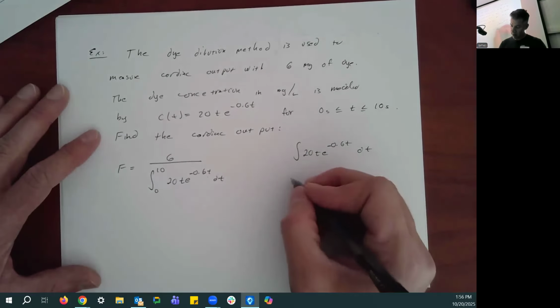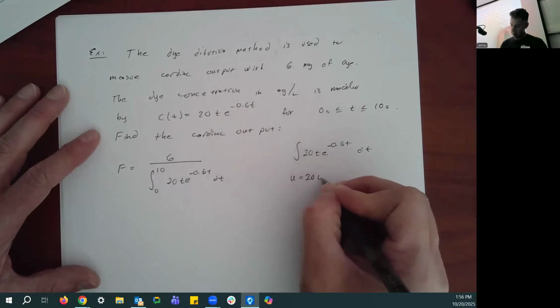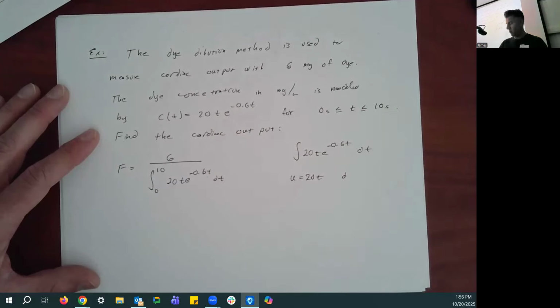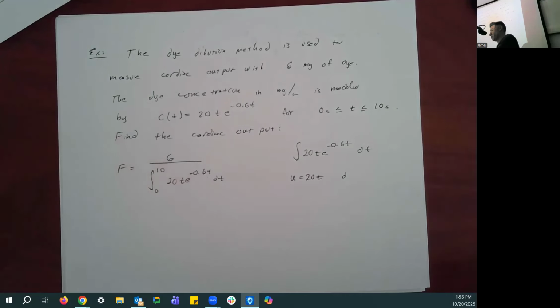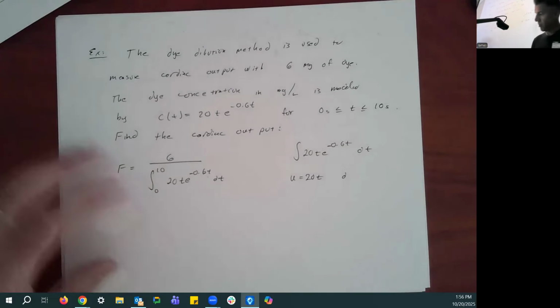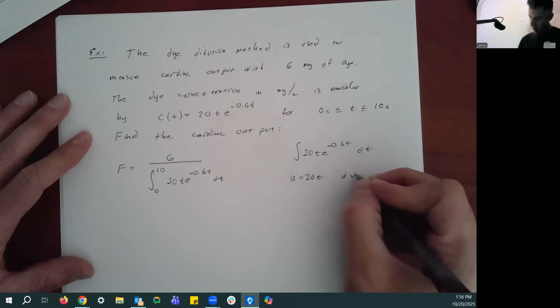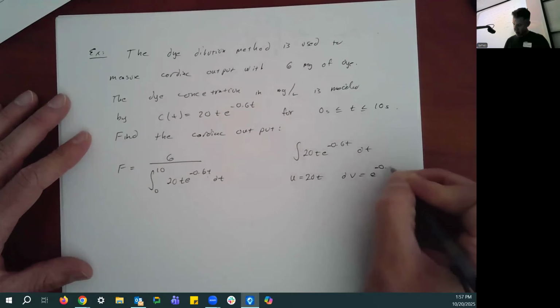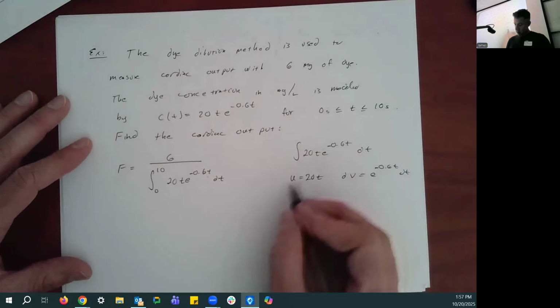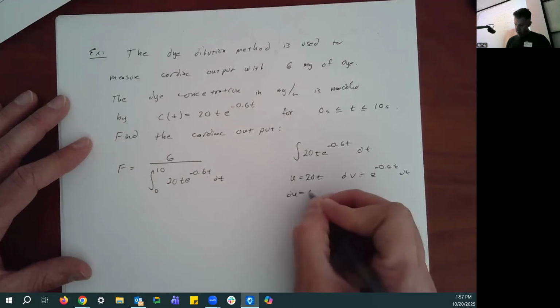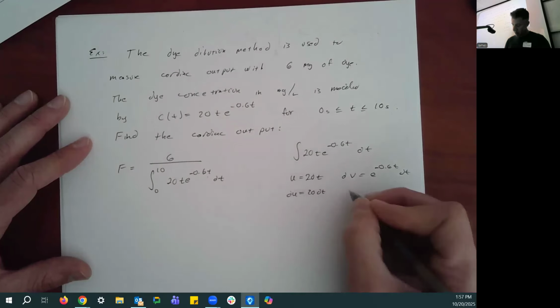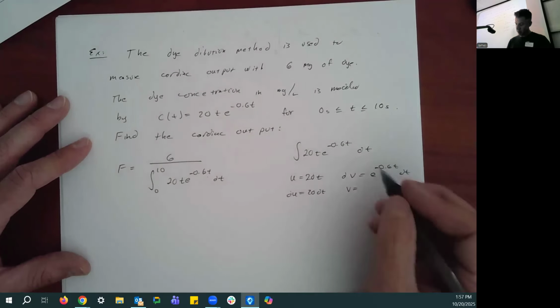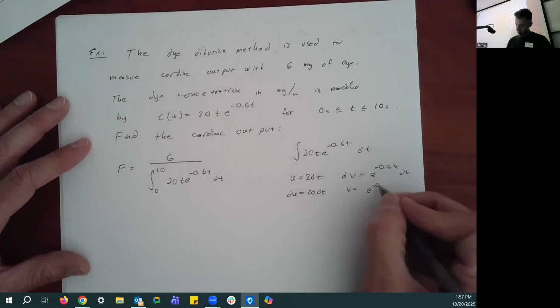So we're going to let u equal 20 T. Our dv is e to the negative 0.6 T dt. The du part's going to be 20 times dt. And the v part is going to be the antiderivative of this, which is e to the negative 0.6 T divided by negative 0.6.